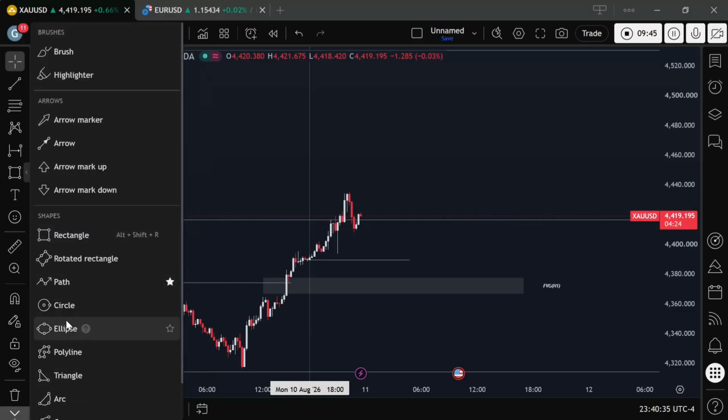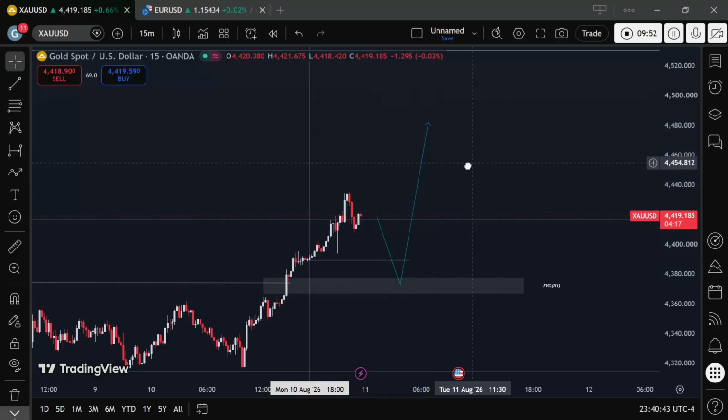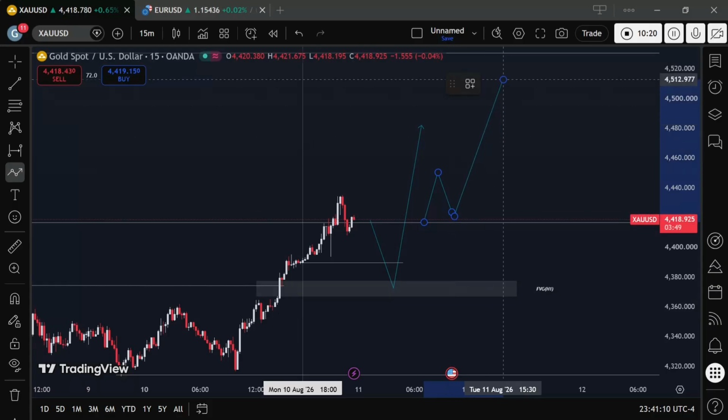Price could drop back here from our daily low, then push higher. That's option one. Or price could break above this high with volume during London session, then have a retest. This is our 0.5 marker from the Fibonacci on our weekly level. Don't forget that. If we break above it with volume, it could act as our support. So price could then test it, then grind higher.